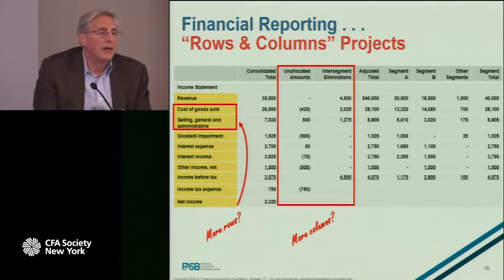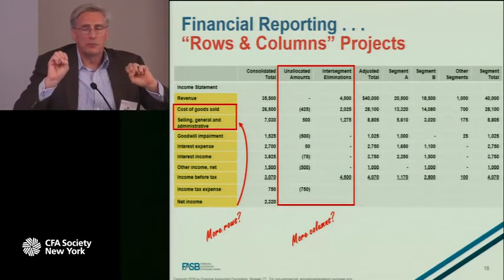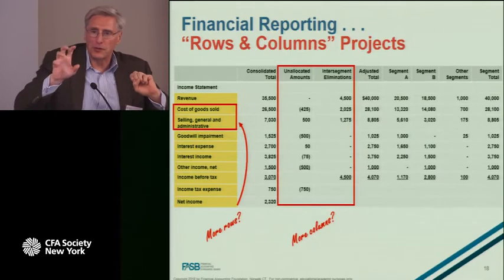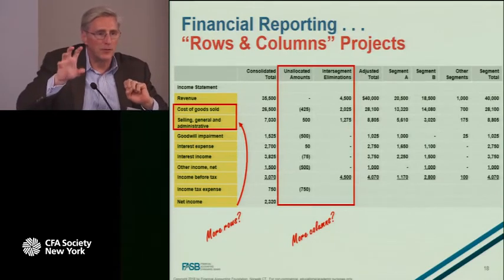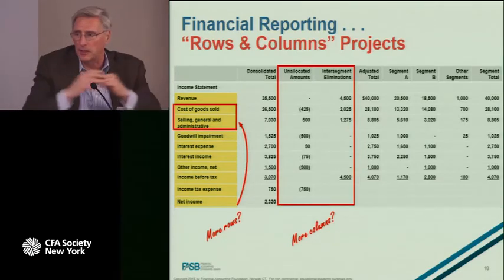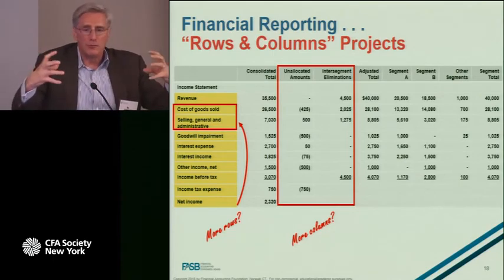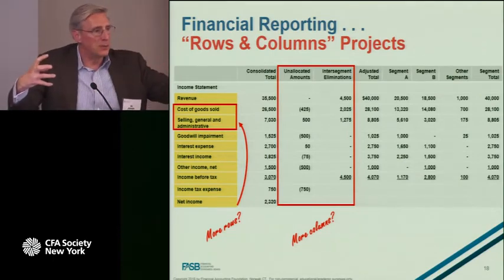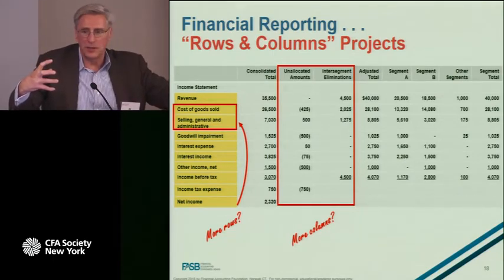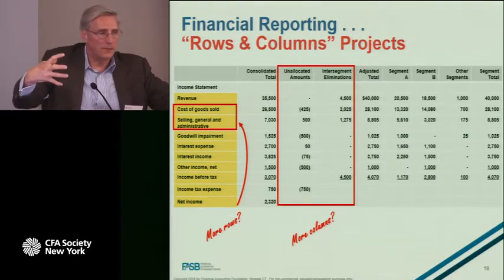The other notable thing is that segment reporting was put in about 20 years ago, requiring companies to give you segment information, balance sheet and income statement. But what you do not see is the linkage between the consolidated balance sheet and income statement and the segment information.